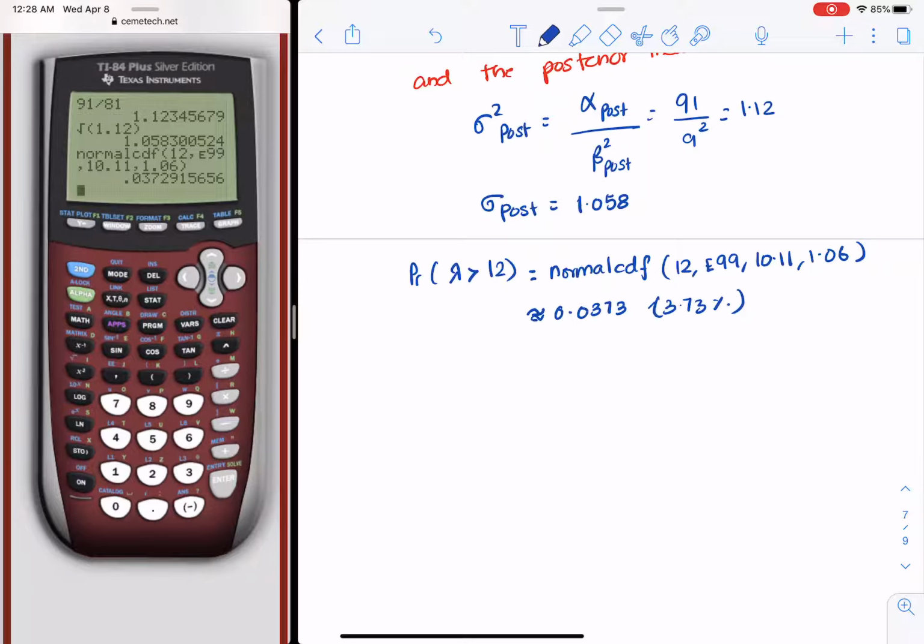So there is only a 3.73% chance that lambda is going to be bigger than 12.